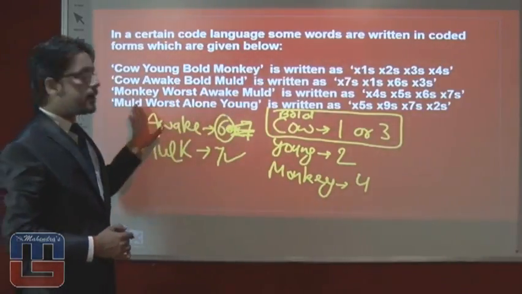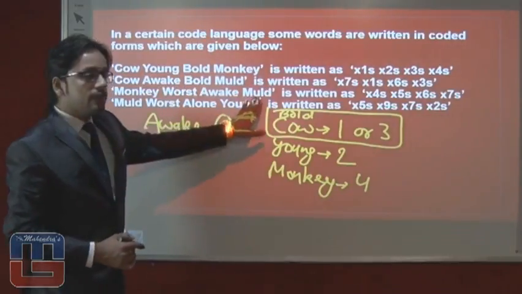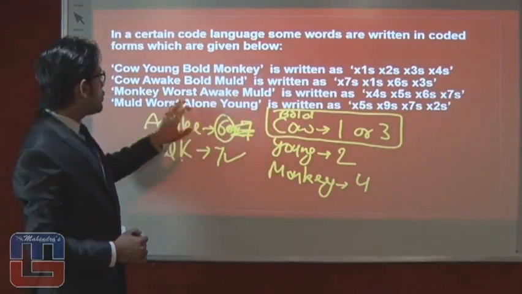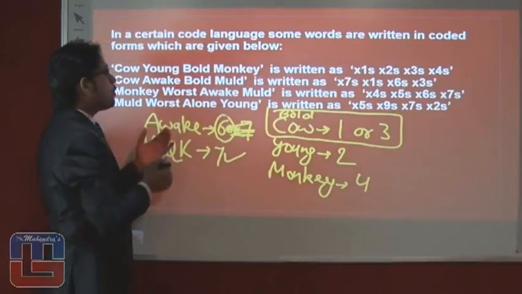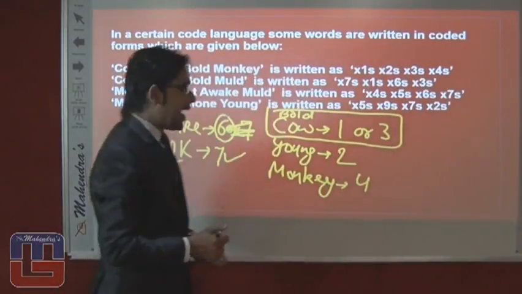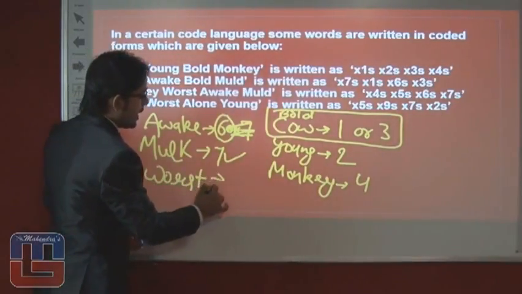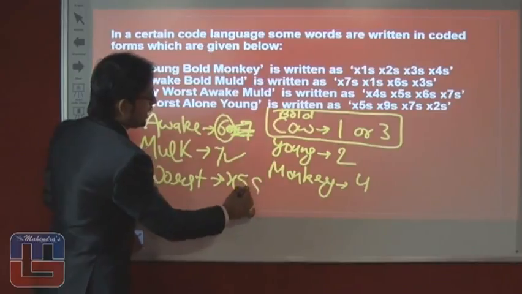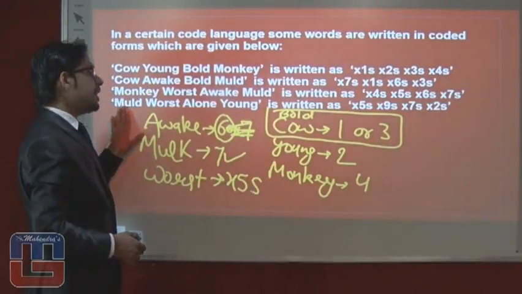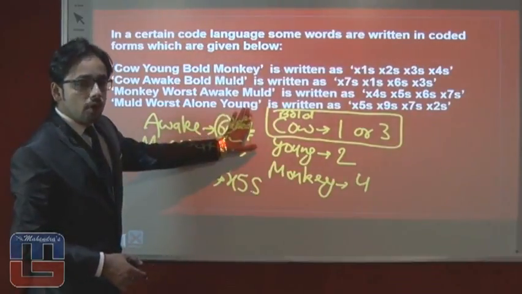Monkey, awake, and merged we have already found. So there is no need to find the right code for verse. We can easily say that the code for verse will be X5, and the code for was will be X5X. Next statement: mud we have already found, was we have already found, and young we have already found.